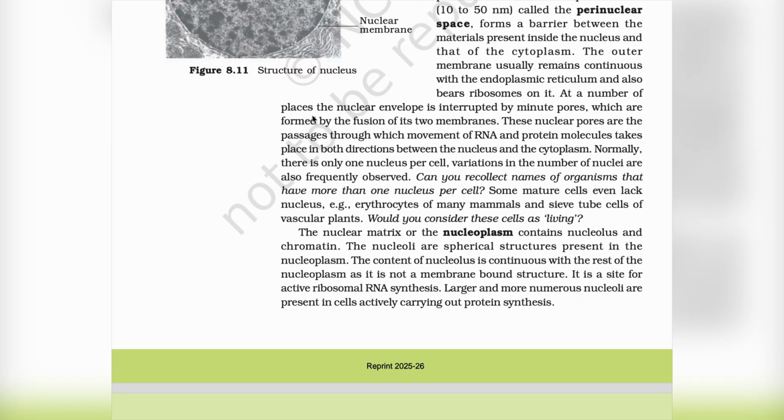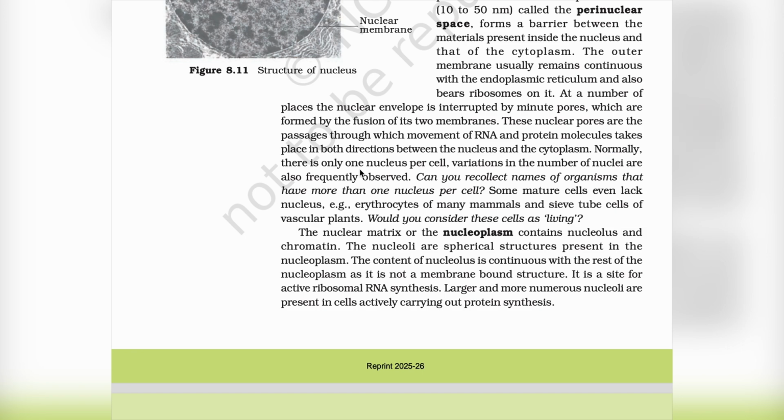At a number of places, the nuclear membrane is interrupted by minute pores which are formed by the fusion of its two membranes. These nuclear pores are the passages through which movement of RNA and protein molecules takes place in both directions between the nucleus and the cytoplasm.